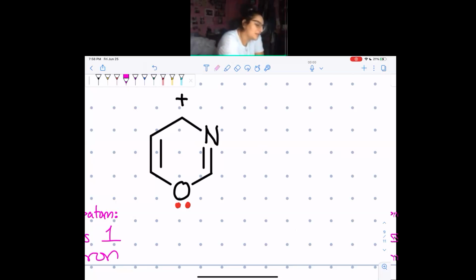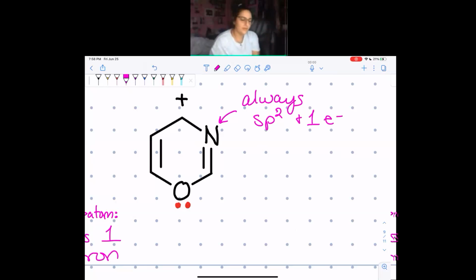The double bonded one is always sp2, and it always donates one electron. But the single bonded oxygen can choose. So if it chooses sp2 versus sp3, let's see what we would get.